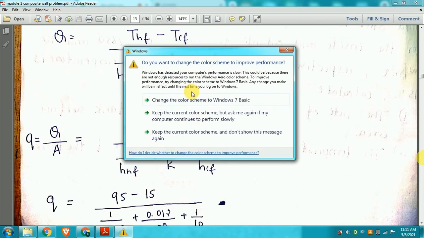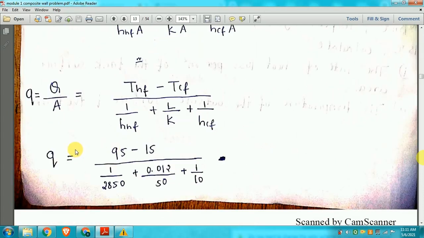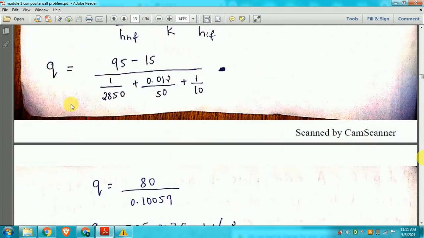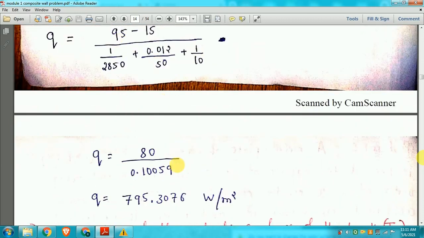You know the value of area is 1 meter square, because we are finding it per meter square. So you just have to substitute and find the value of Q, which will be in watt per meter square. You'll get so much after substituting and simplifying.